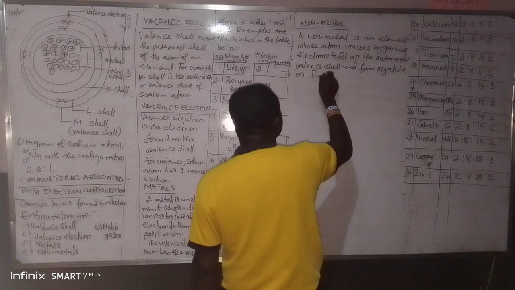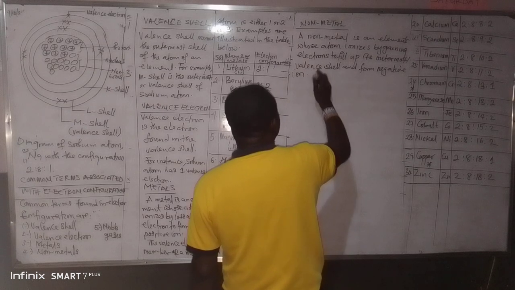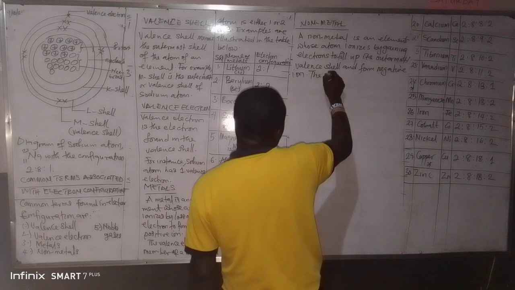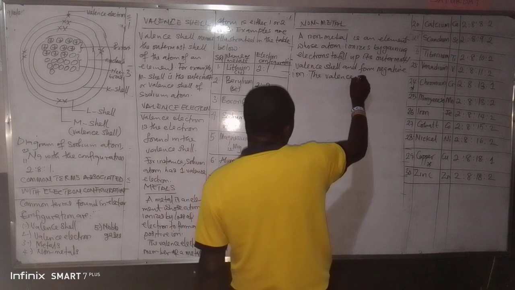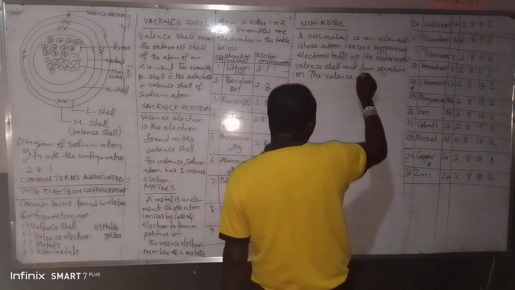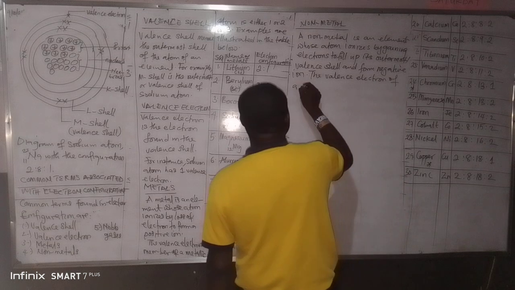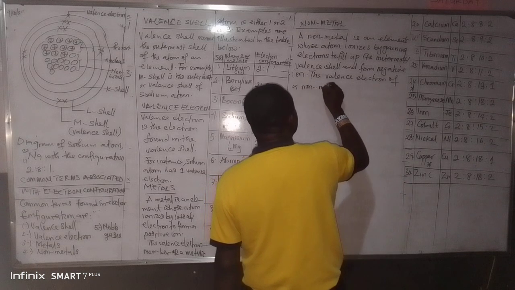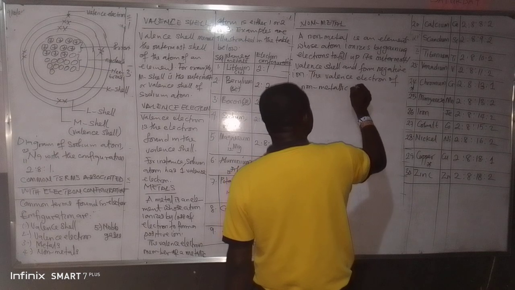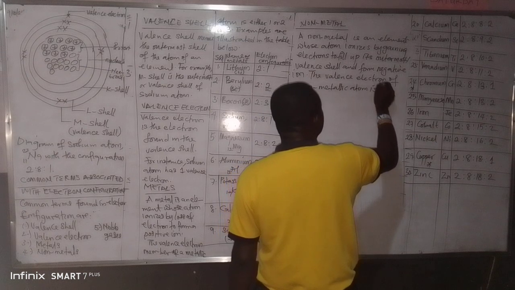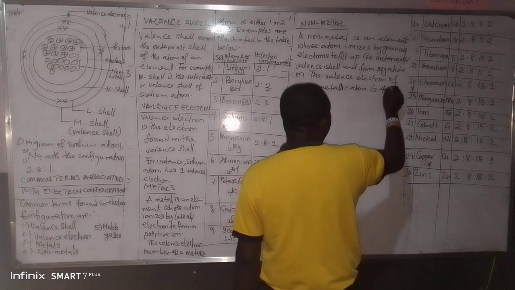So, how do you know a non-metal? The valence electron of a non-metallic atom is 4 and above.